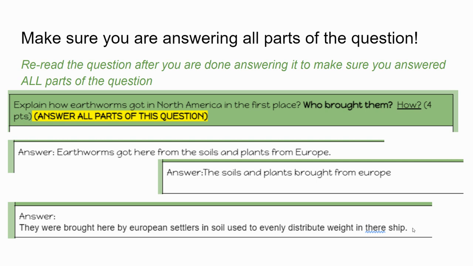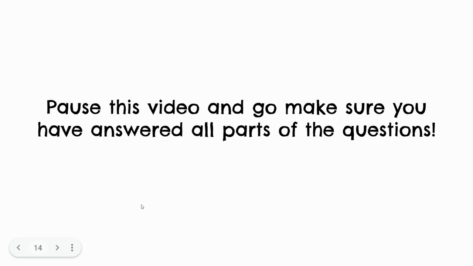I can tell that they listened as I read it out loud because they learned what ballast means, and they tagged it, and all these parts were answered in that question. Okay, so very good. Moving on. So pause this video and make sure you answered all parts of your questions.